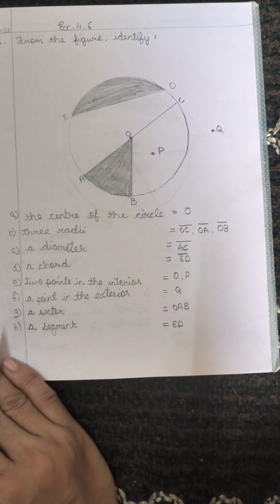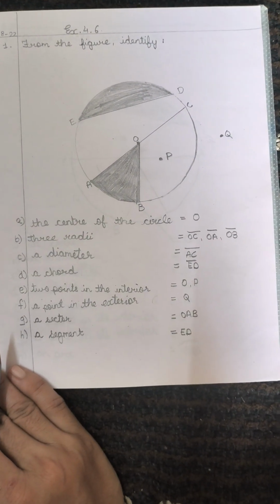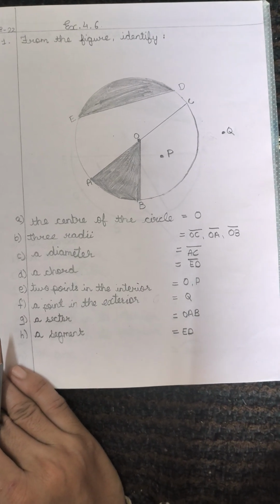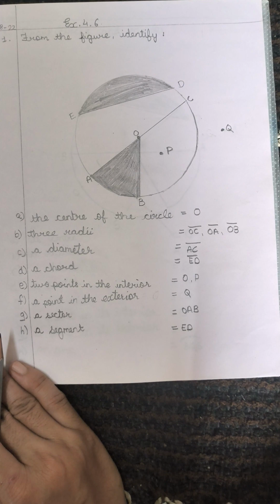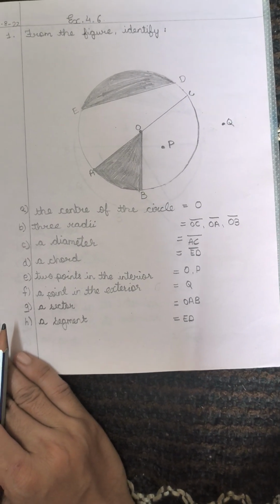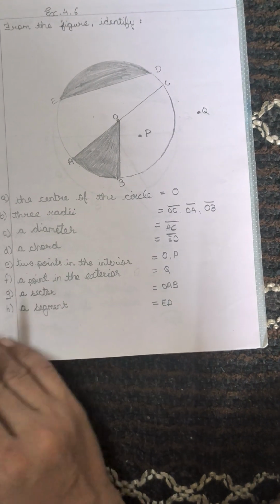Further, from the figure we have to identify the radius, diameter, center, chord, 2 points in the interior, 1 point in the exterior, a sector and a segment. So we will see.